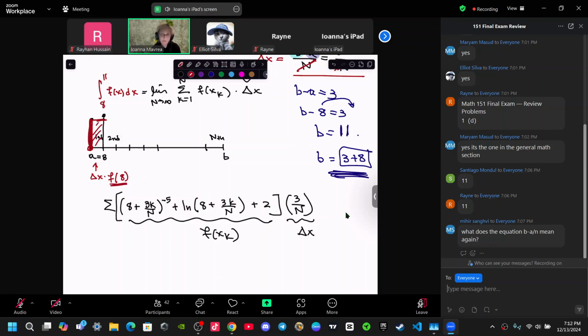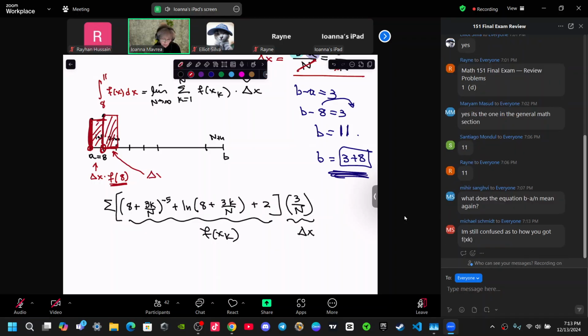So that would be my first y value, okay? The second y value, if I were to choose, again, the left point, I can see it in the area. The area, again, is going to be base times height.